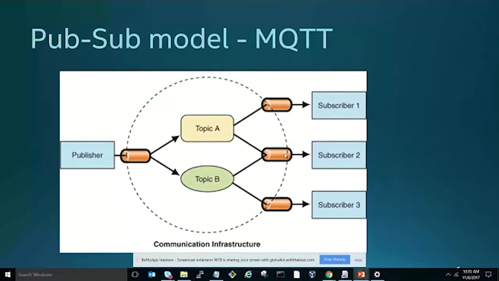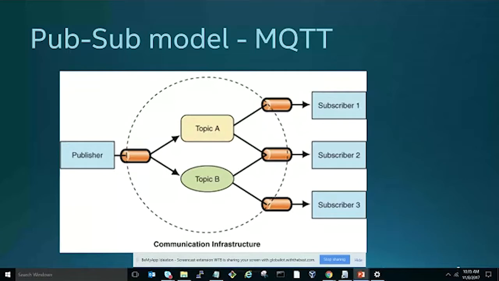This is a very basic PubSub model that I thought I'd revise for those not familiar with it. Whenever the publisher publishes, say humidity changes to 64, the message will only go to topic A and only be sent to subscribers 1 and 2, and not to 3.